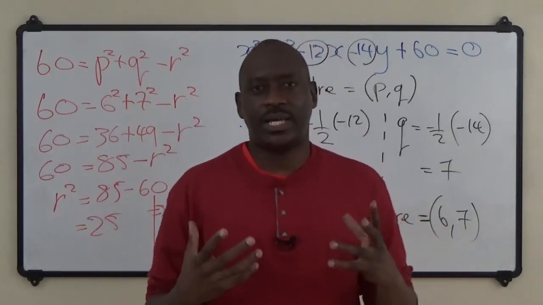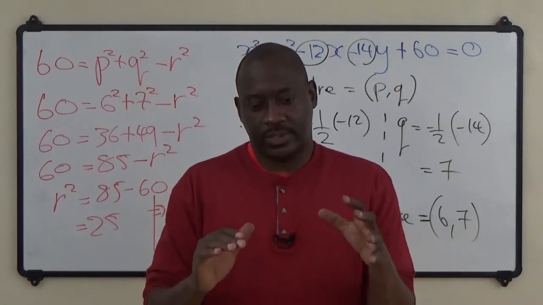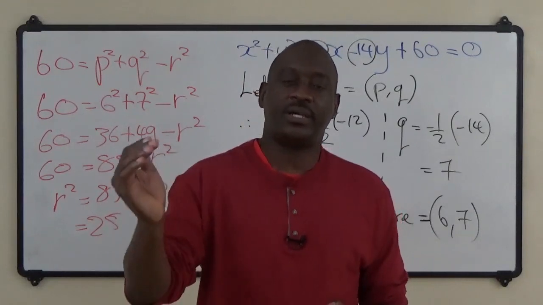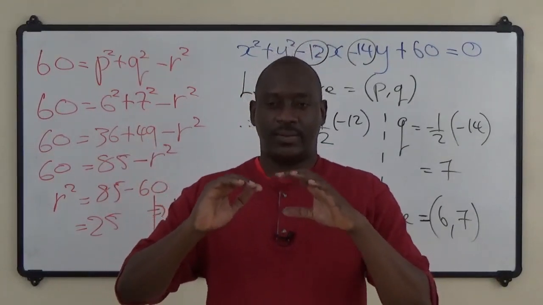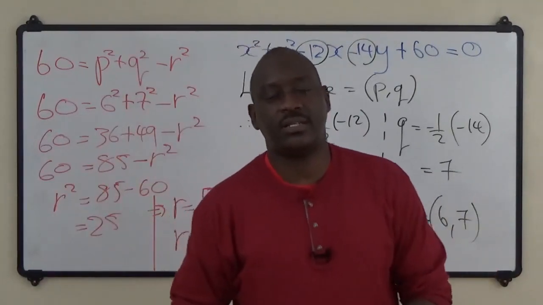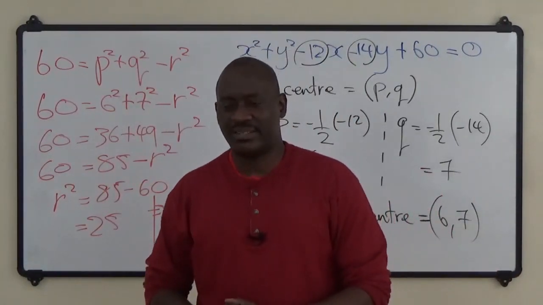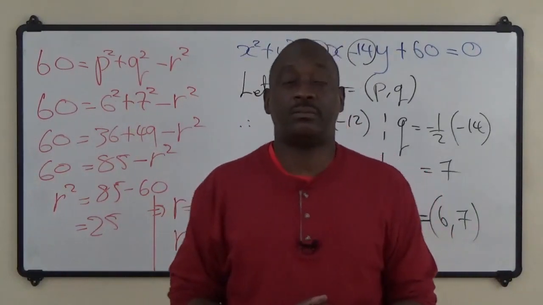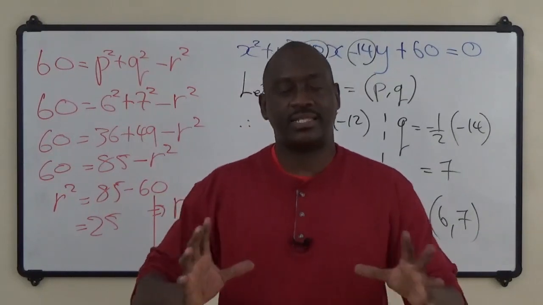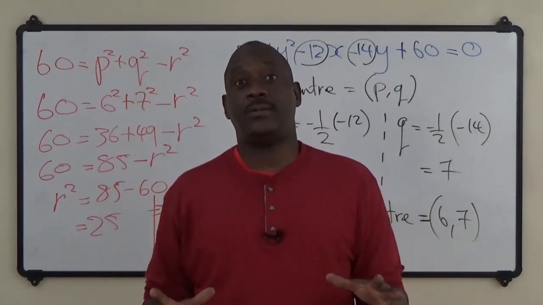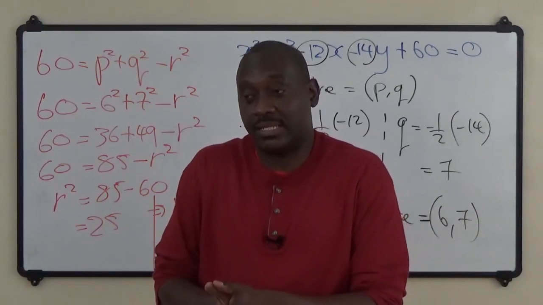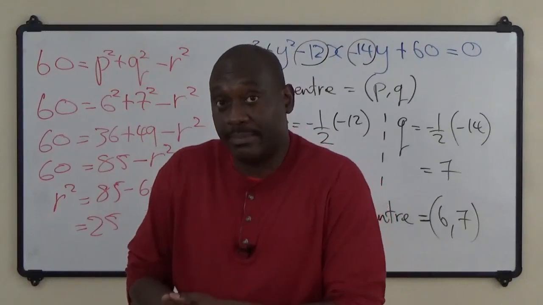Once you could do that, you would have put yourself in a position where you could now go further and deal with situations where the circle is not just a circle in isolation. You move past the point of just finding the radius and the center of a circle. You now could get to the point of dealing with the circle interacting with other entities, such as a straight line, as would be the case in the ADMAT syllabus.